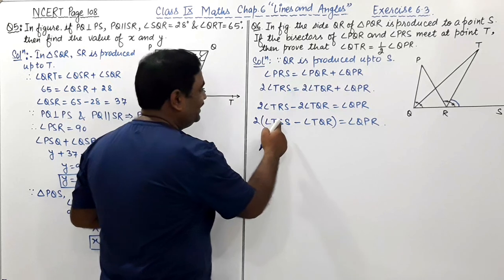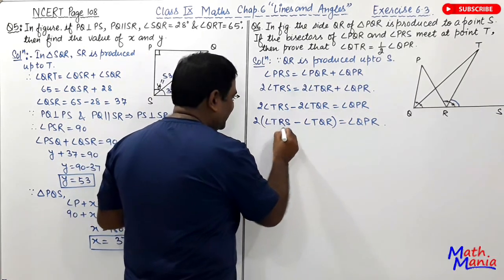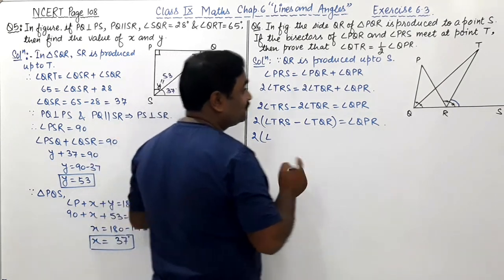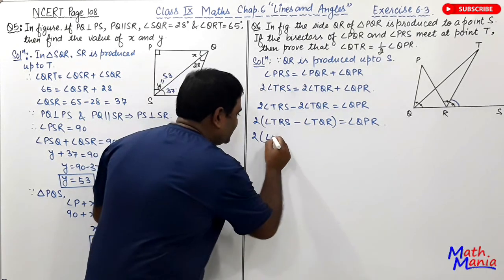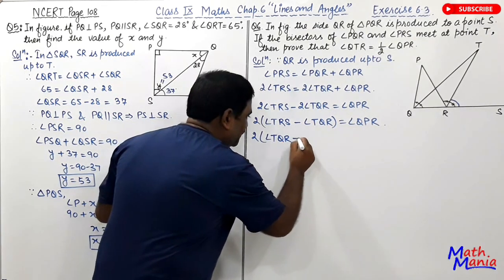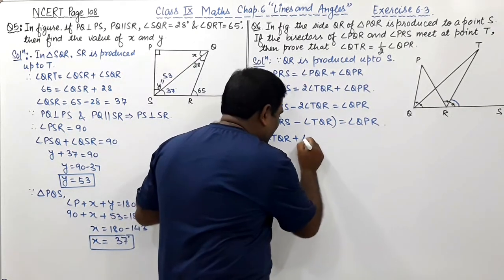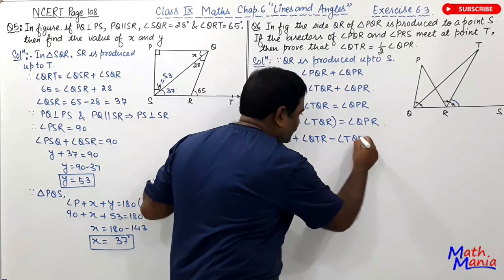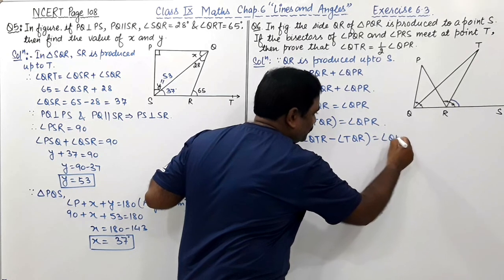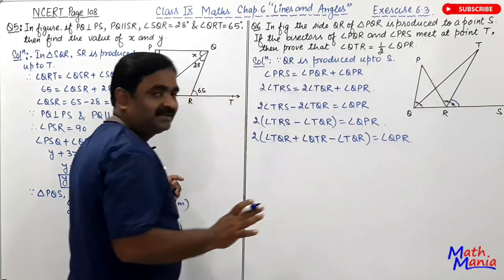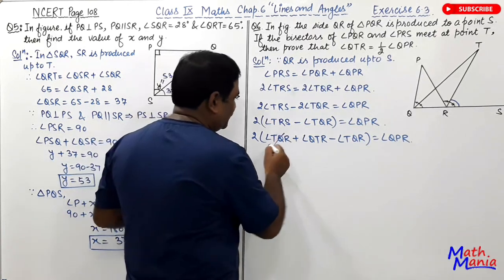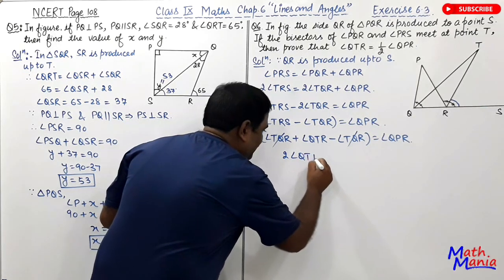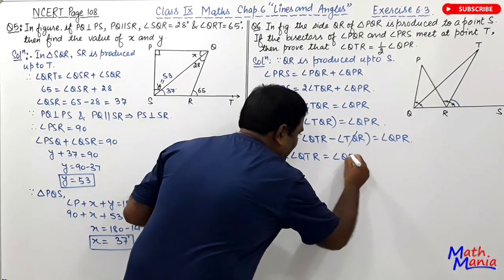At the place of TRS, we can write angle TQR plus angle QTR minus angle TQR equals angle QPR. Right? Any confusion? Now this angle TQR is cancelled. So what you got? 2 times angle QTR equals angle QPR.